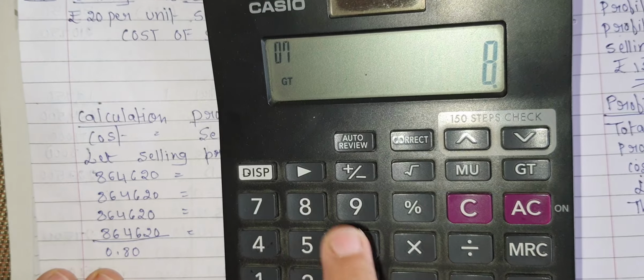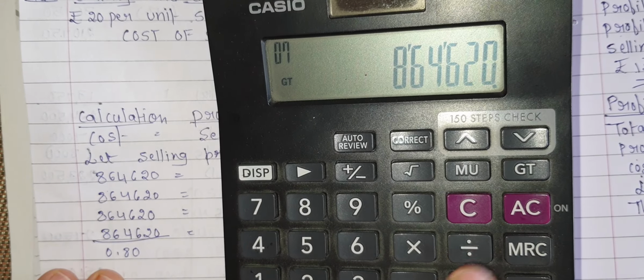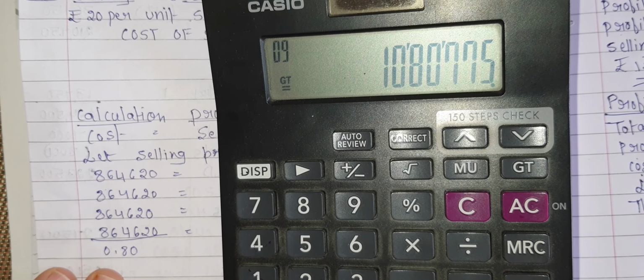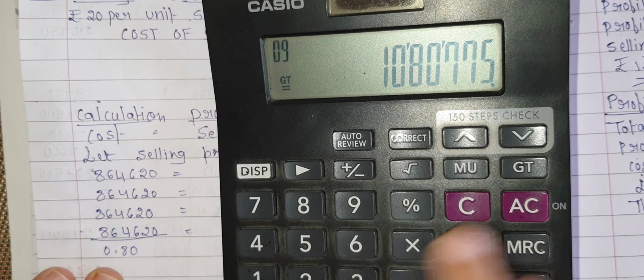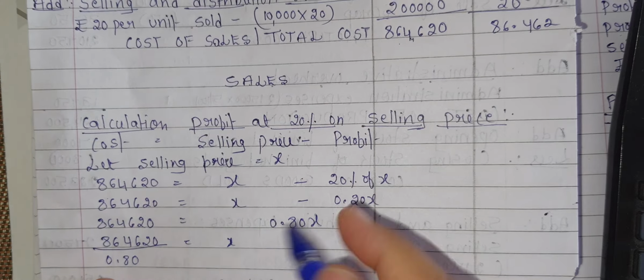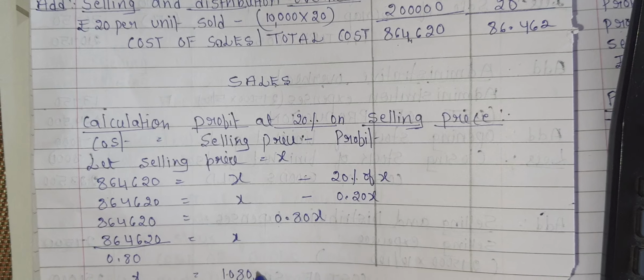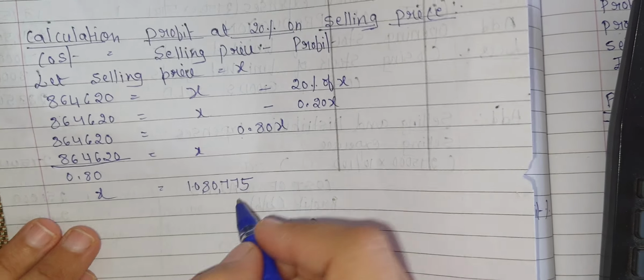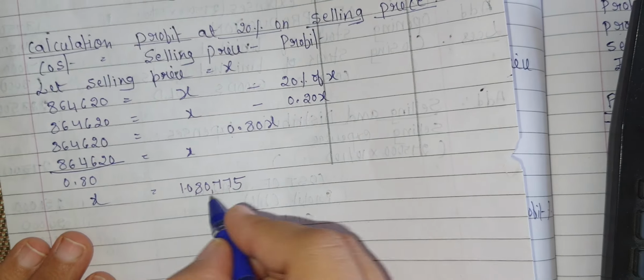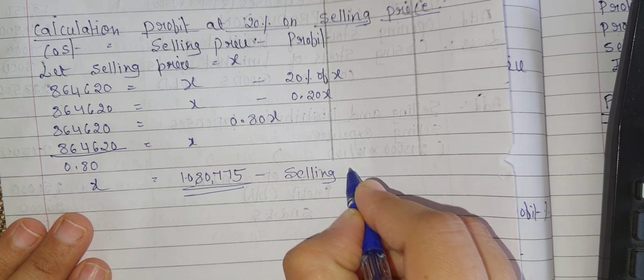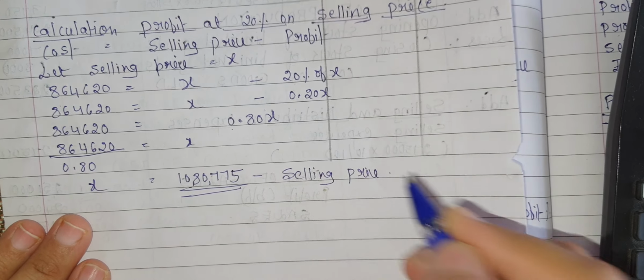So 8,64,620 divided by 0.80 equals 10,80,775. So X equals 10,80,775. It is our selling price. Clear?